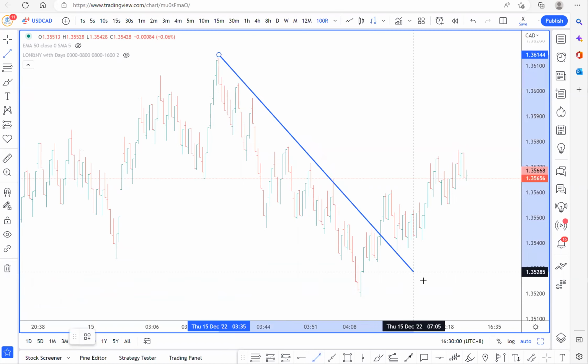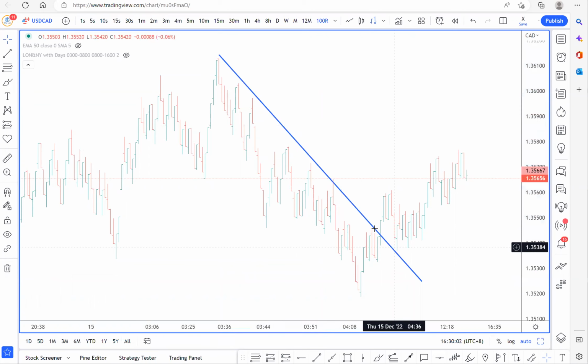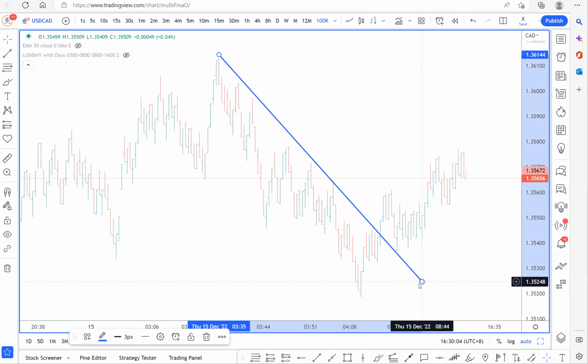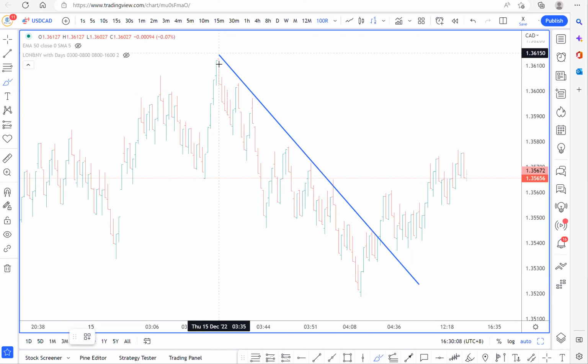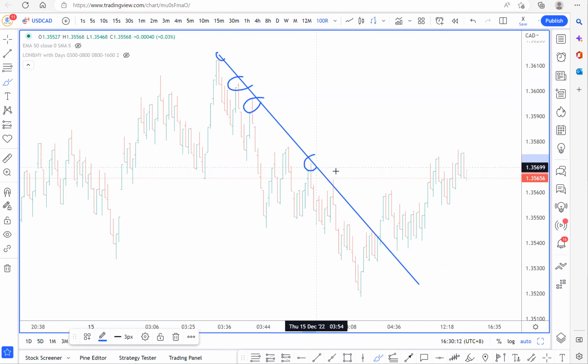You can see this area, so it cuts it very neatly. Let me just adjust this, so essentially this area. Apart from just using horizontal levels, you can see the same thing for trend lines. It's generally very neat, with price coming to test this area as a resistance. So this is another way you can use range bars.